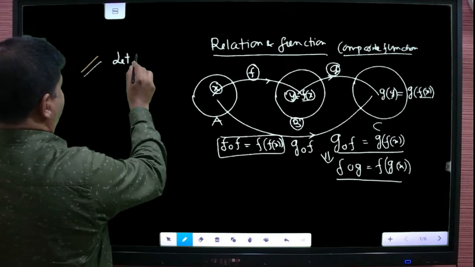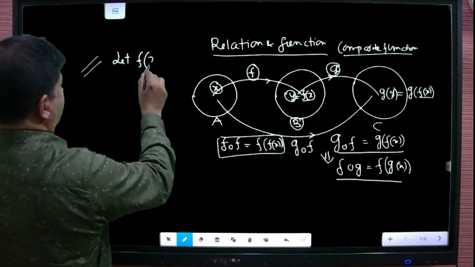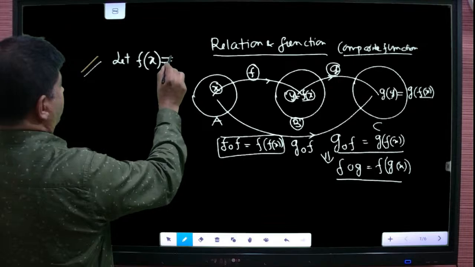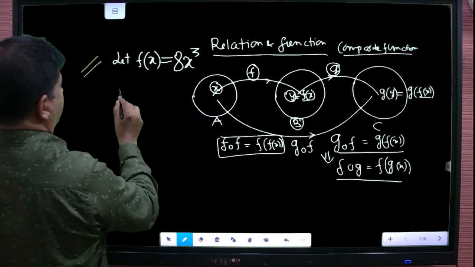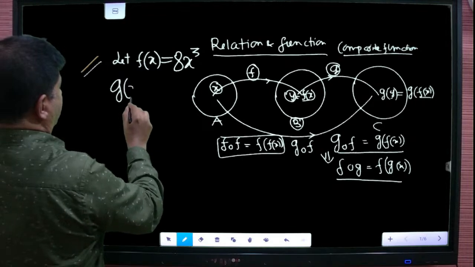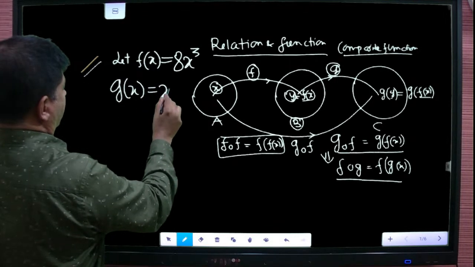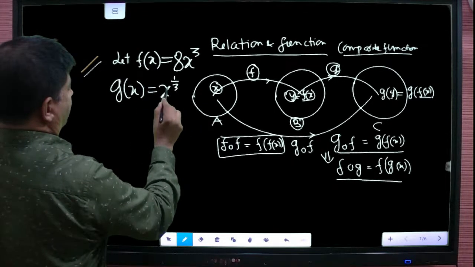See, let f(x) is equal to 8x cube, g(x) is equal to x to the power 1/3.